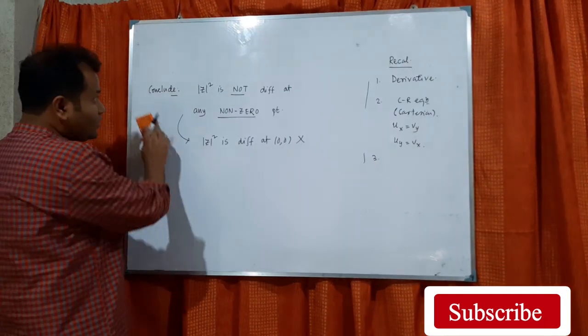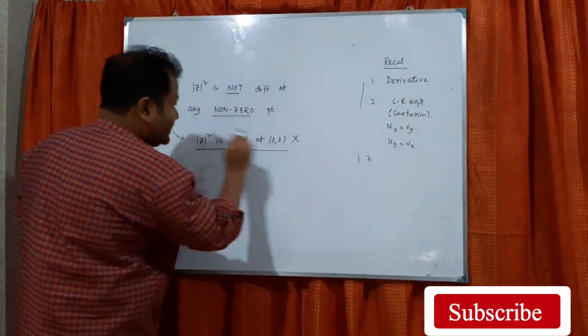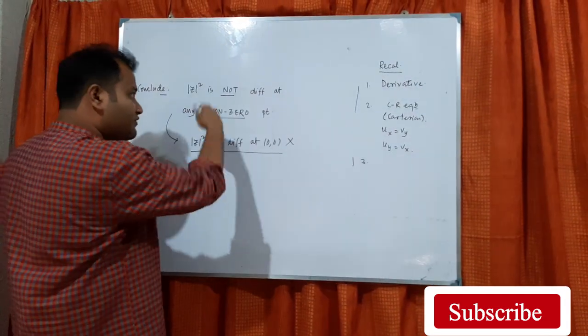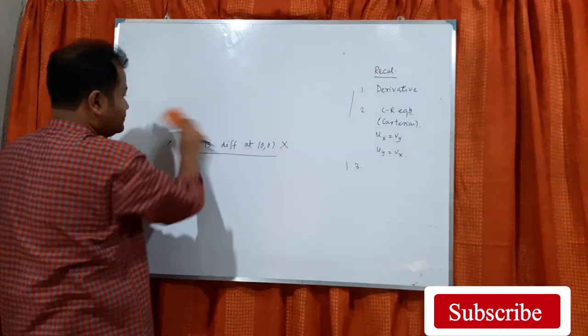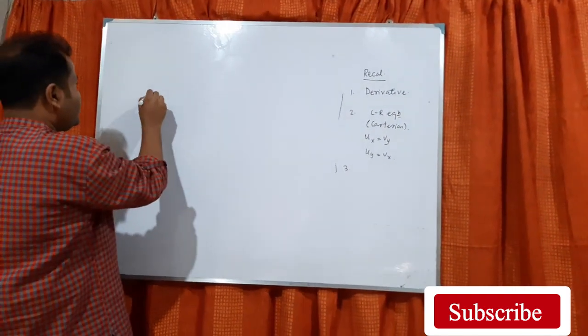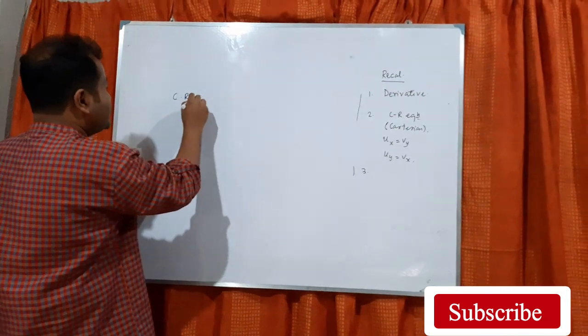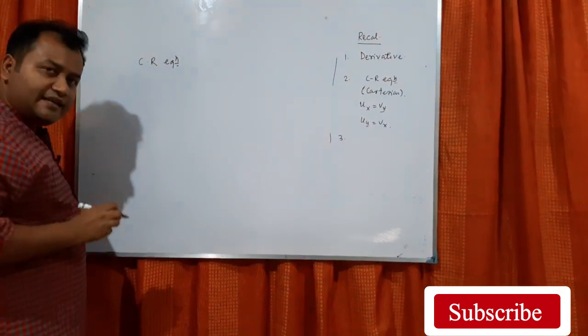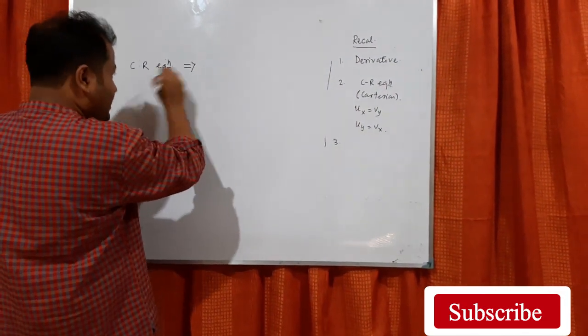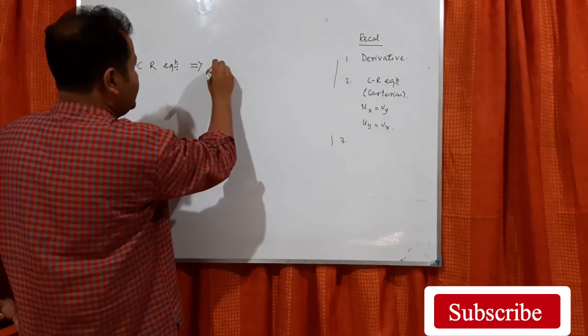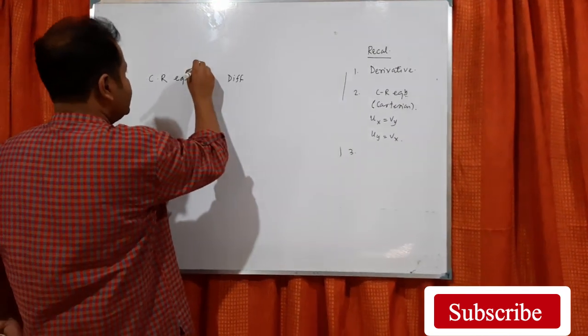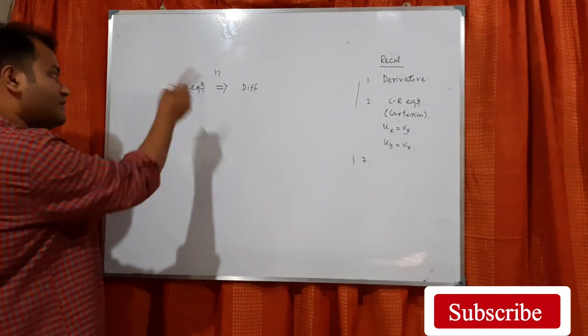So what is the converse part of the theorem? If the CR equation is satisfied, does that always imply that the function will be differentiable? That is the next question, the converse of the theorem.